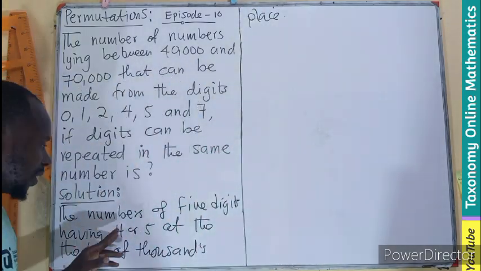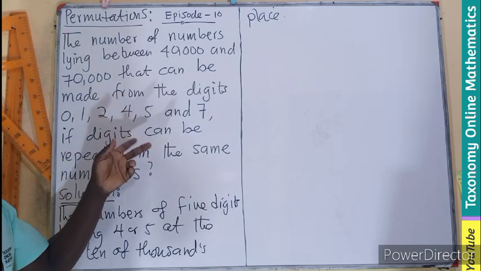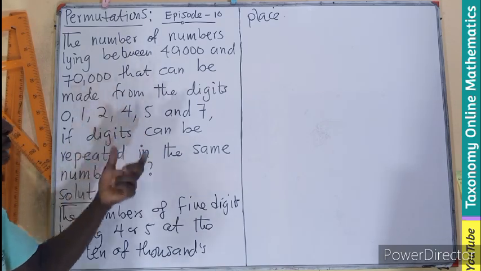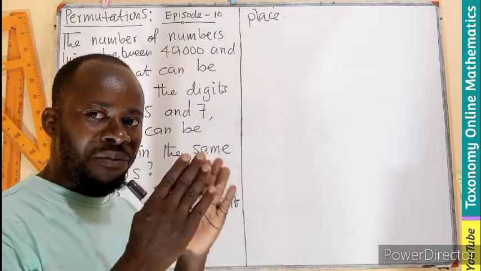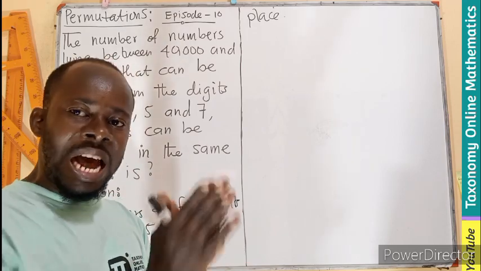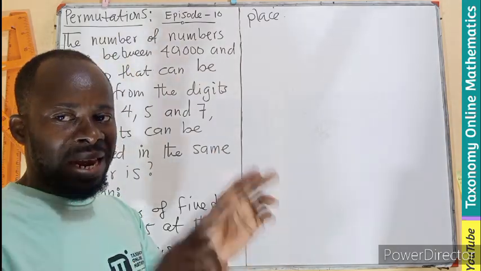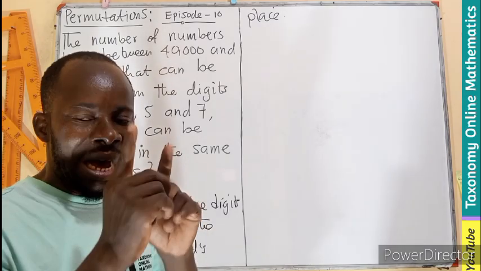These are the only two numbers that we can alternate, so how are we going to arrange that? In how many ways can we make the first digit, which is the ten-thousands digit, to be either 4 or 5? Meaning there are two of those numbers whereby we can pick only one at a time.